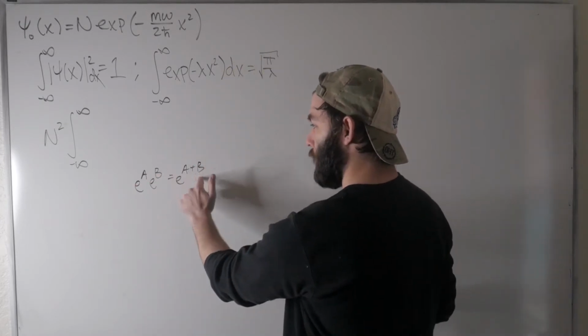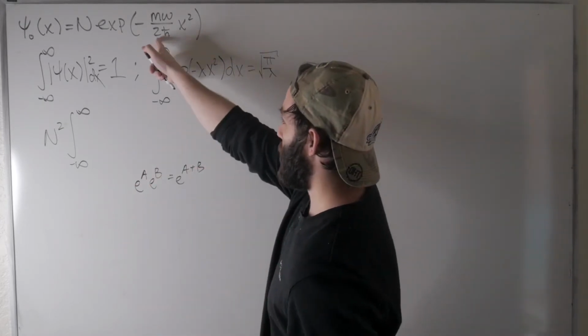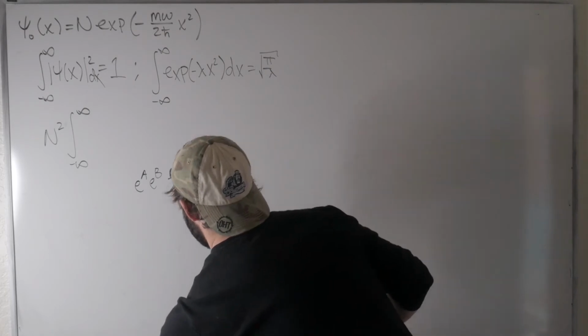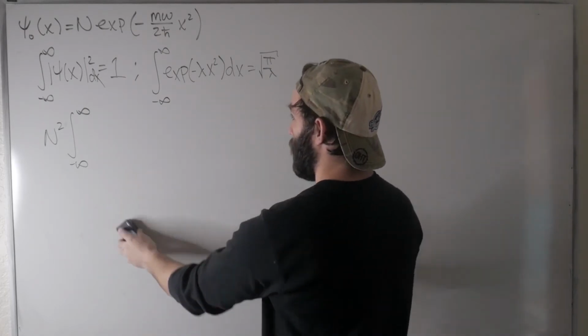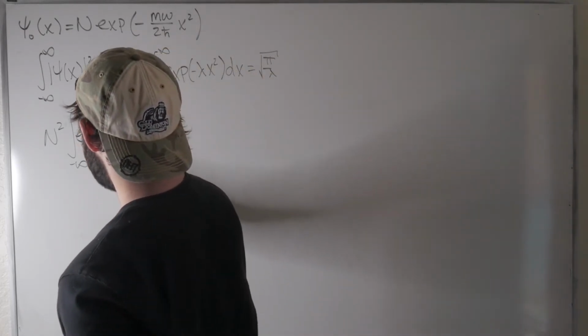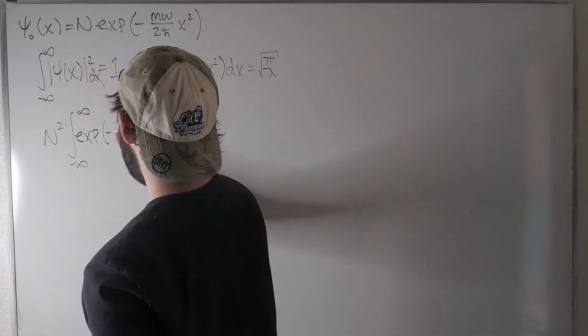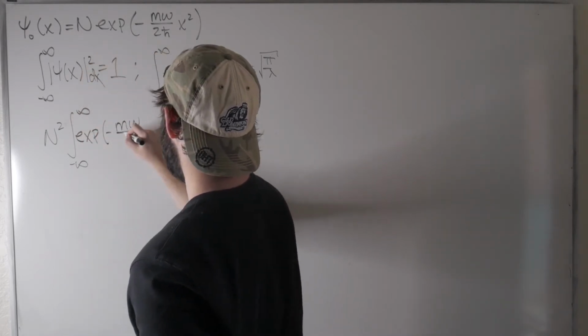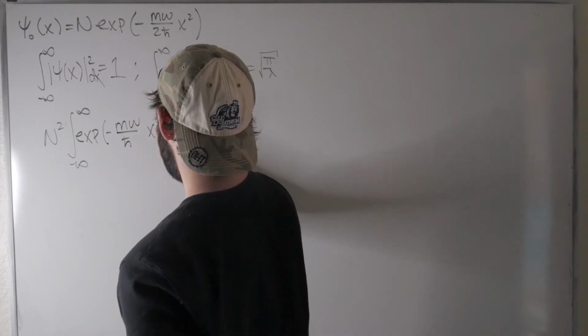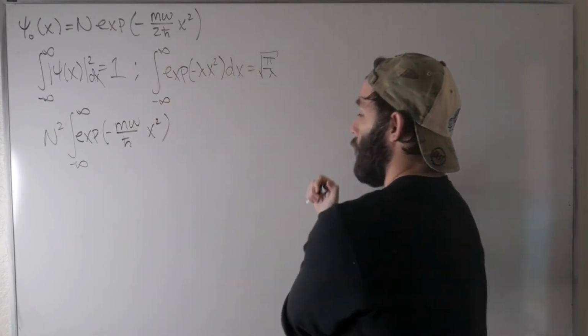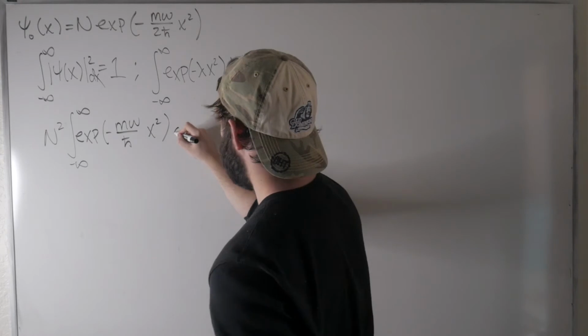If a and b are equal, then we just get a factor of 2. And that cancels with the factor of 2 in the denominator. Okay, so when we square the wave function here, we get an exponential of minus m omega over h bar x squared, with respect to x.